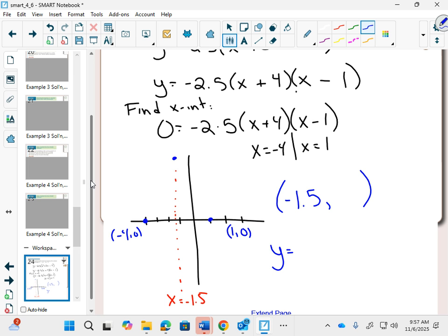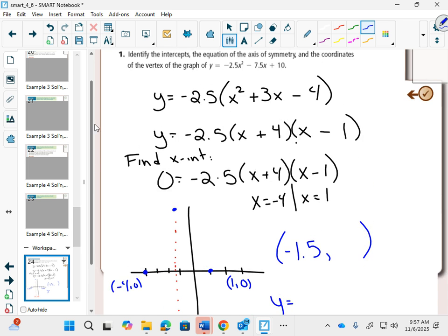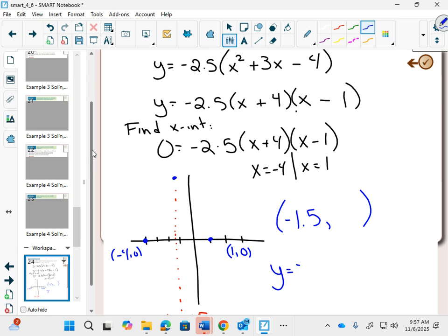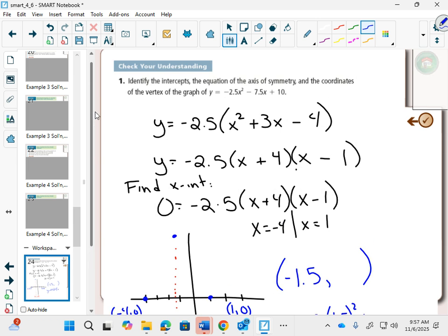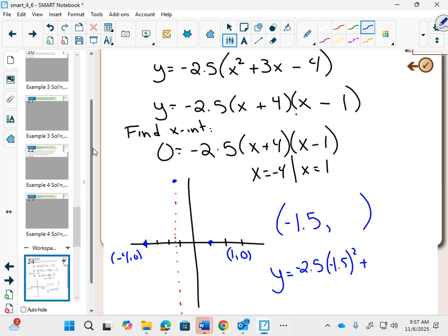So if I take my equation in my original form here, -2.5, I plug in x, -1.5 squared. Was it plus or minus 7.5? Minus 7.5 times 1.5. Of course, this would be a calculator question. Plus 10. If I type all of that into my calculator, what do I get?